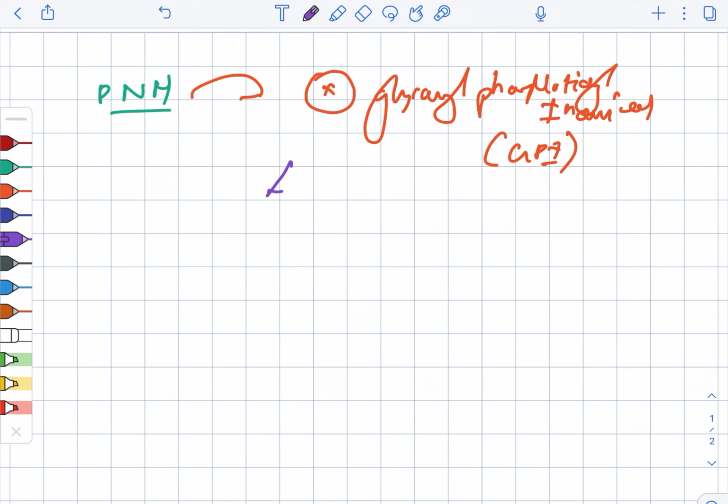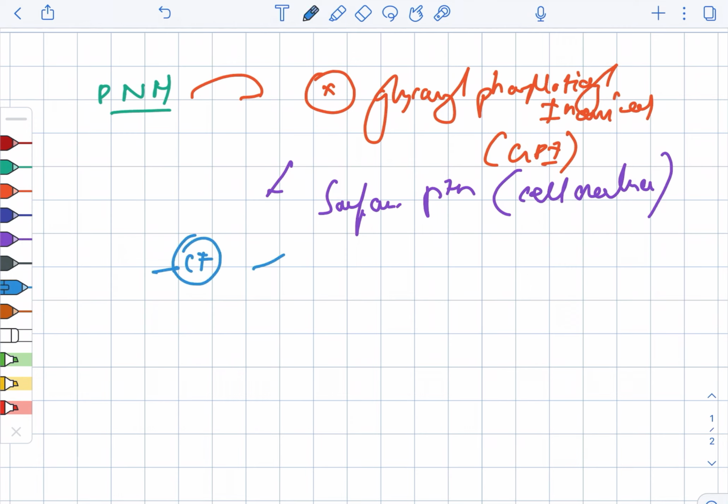The GPI anchor binds certain surface proteins, which are present in cell membranes. Now what are the characteristics of paroxysmal nocturnal hemoglobinuria?